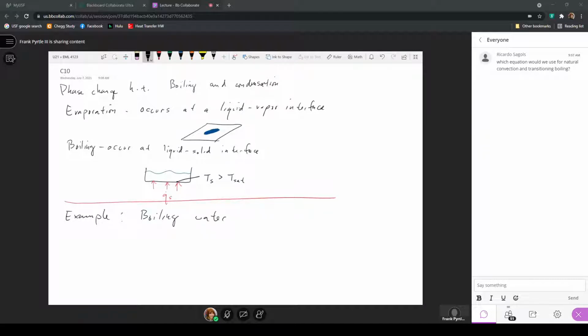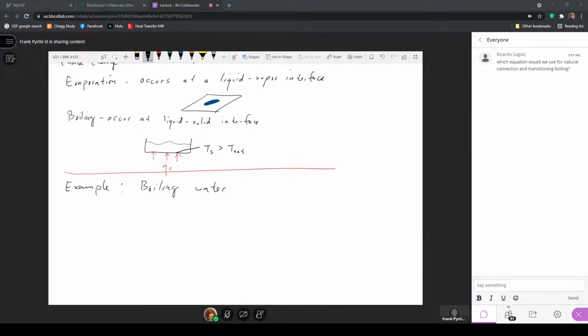And to accomplish the boiling of the water, we're going to consider that we have a heating element that is actually submerged in the water, so that let's say I have some water here. And instead of heating it by a heat flux, let's say from the bottom, like you would have a pot of water, we're going to consider a heating element. So let's see, I'll just draw this one here in green.